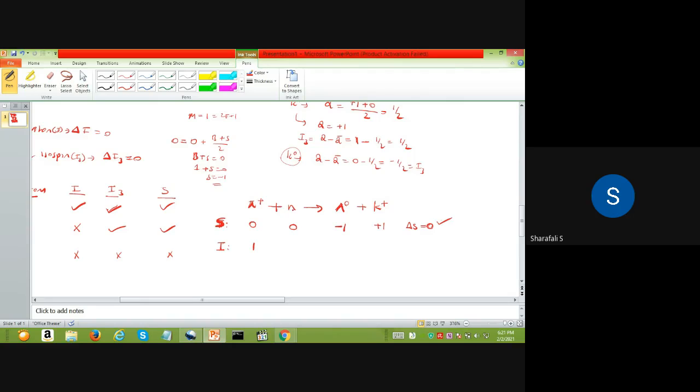For neutrons, there are two particles, neutrons and protons, in the class of particles called nucleons. So the multiplicity will be 2, equal to 2I plus 1, and that will give you 1 by 2 as your isospin. And for lambda 0, we already calculated that I is equal to 0. And then we have K plus, it is 1 by 2.